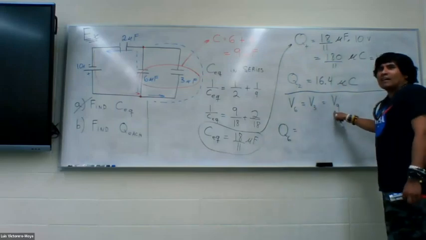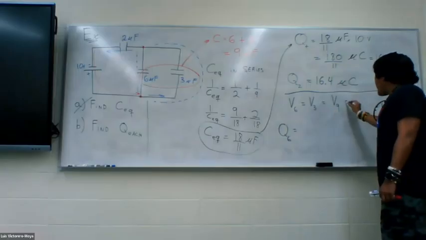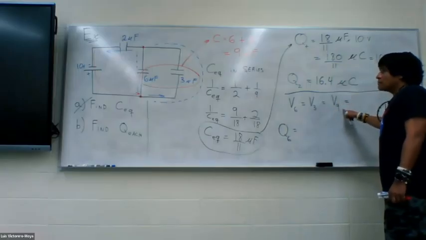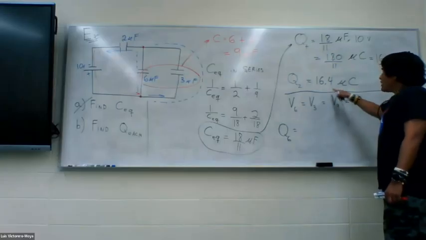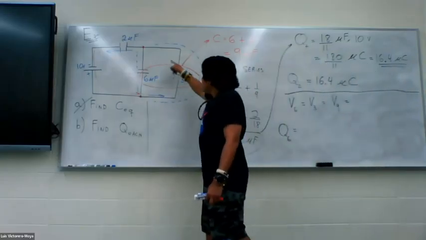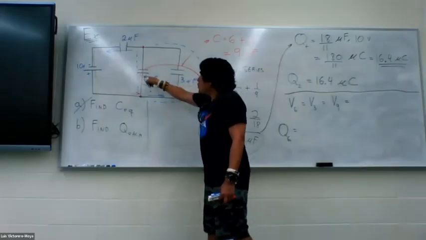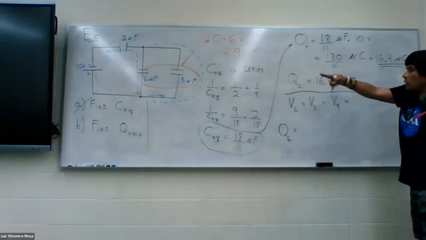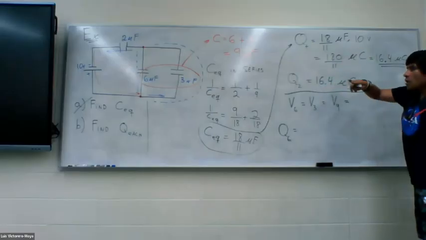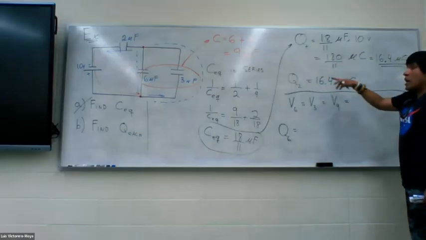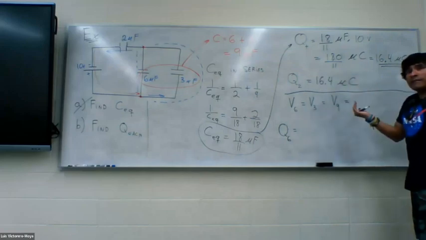What's the voltage on 9? The voltage on 9 will be the charge divided by the capacitance of the combination.